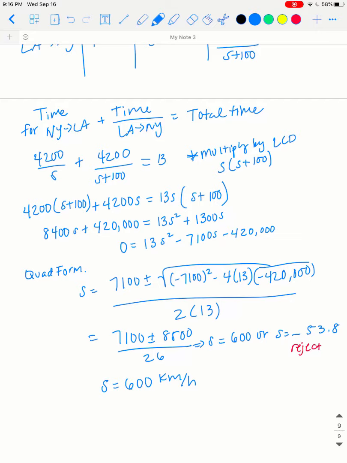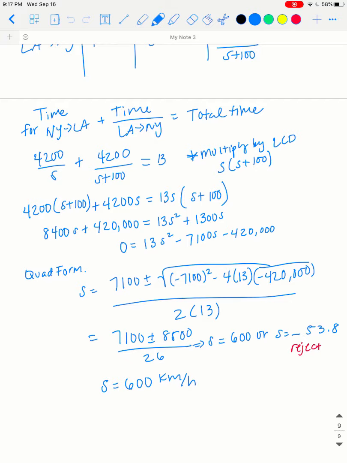Now, these numbers are really, really big, so factoring would be pretty difficult in this equation. Instead, we're going to proceed with the quadratic formula. We'll plug in our values for a, b, and c, simplify, and then we get 7,100 plus or minus 8,500 over 26.